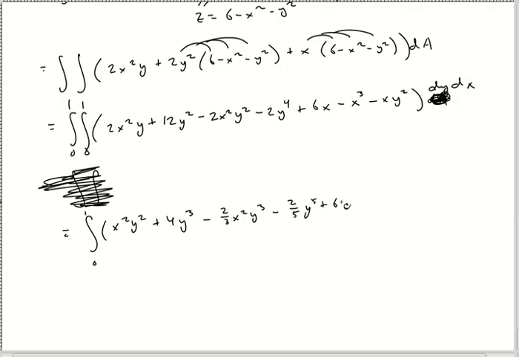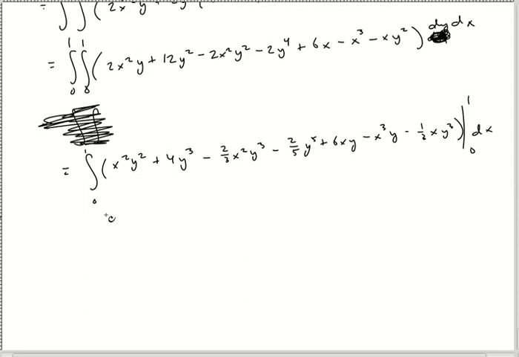There's no y's there, so 6xy. No y's there, so x cubed y. And then again, divide by the 3, 1/3 xy cubed, from 0 to 1, dx. Now, the 0 cancels everything, obviously, but the 1 is important because you want to retain your variables.